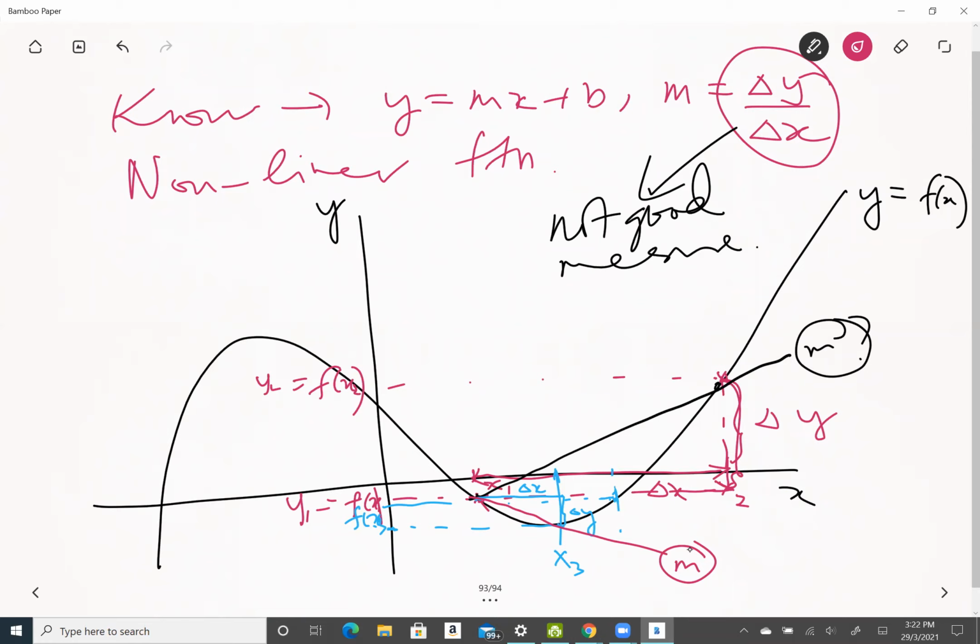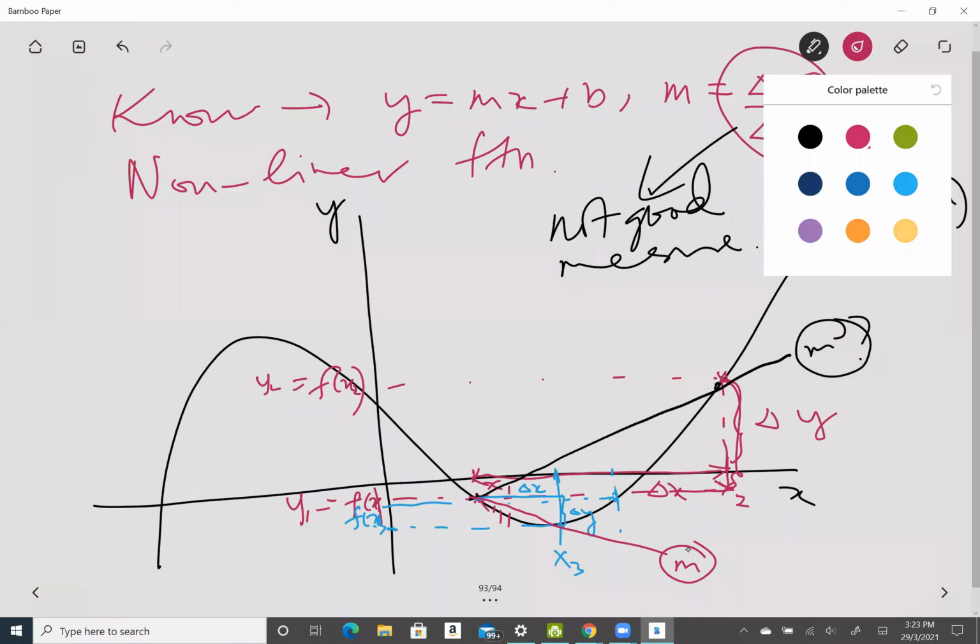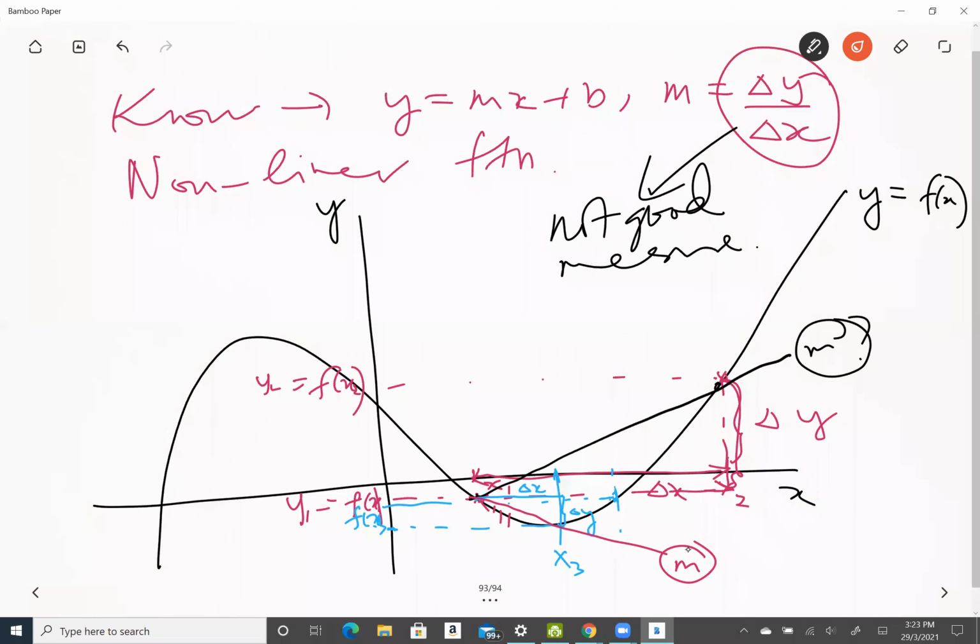All right. So what you do, you continue, make it smaller and smaller until it is very small, as if it is approaching 0. Then what happens? You will see that the slope will just be a straight line that just touches the curve at x1.